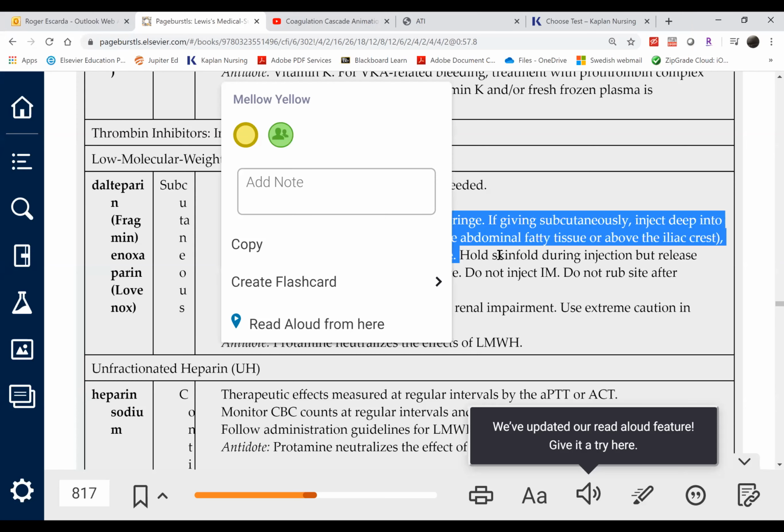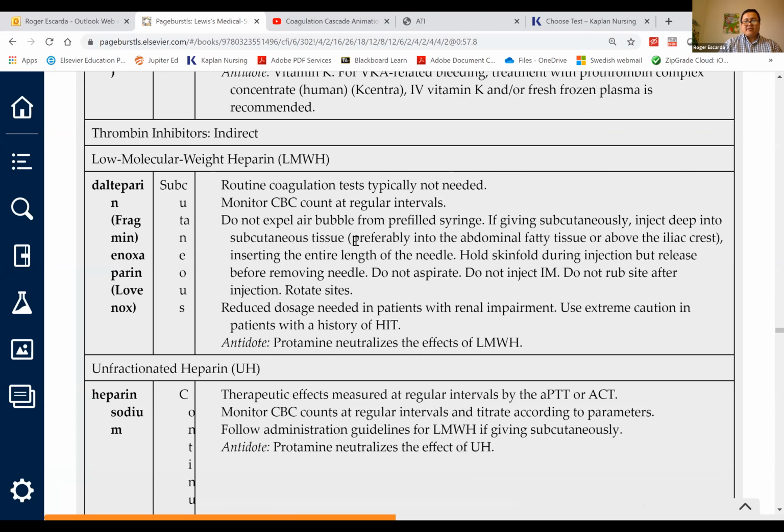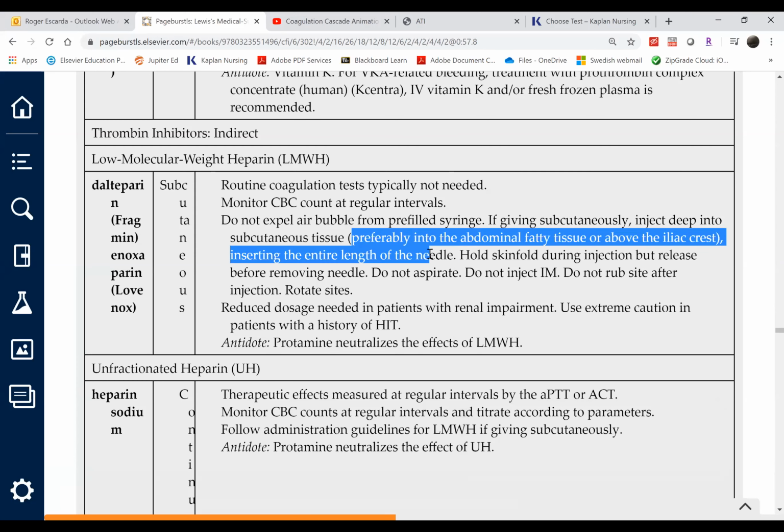Okay, and where do you give it? Preferably where? The abdomen fatty tissue, above the iliac crest. Is this in the middle of the belly? No, it's in the love handles, right? So give it close to the love handle, because what's in the love handle that's not in the middle part of the abdomen around the umbilicus? What do you not find there?